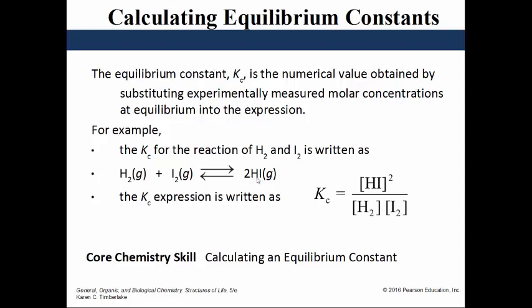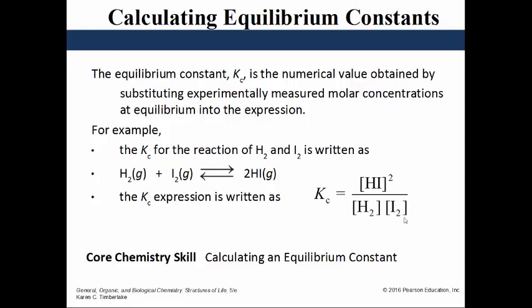And you can think of this as the concentration of HI multiplied by the concentration of another HI, that's why it's HI squared, divided by the concentration of this reactant, and it has no coefficient, so it's raised to the first power. That concentration multiplied by the concentration of the second reactant, raised to its coefficient. That's how you would write it.